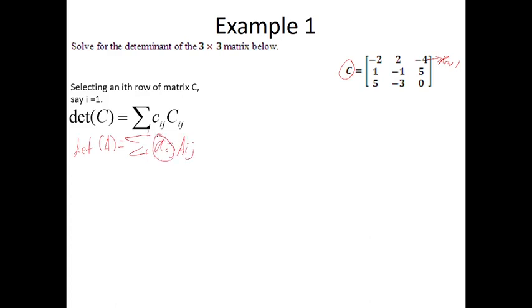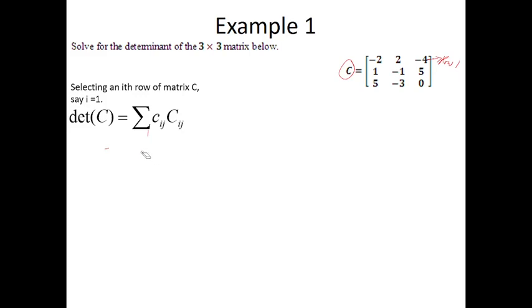Ang aij, yan yung element in the ith row, jth column. Tapos yung Aij na to, ito yung cofactor in the ith row, jth column. So, yan yung cofactor. Okay?